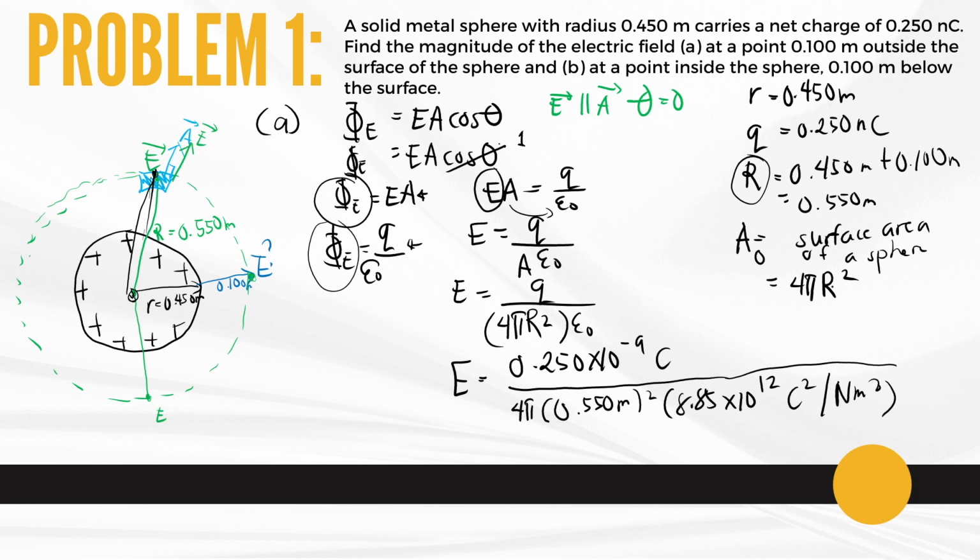Canceling units, one coulomb cancels and the meters squared cancel, leaving newton per coulomb. Let me solve. My electric field is 7.44 newtons per coulomb. This is my answer for letter A.